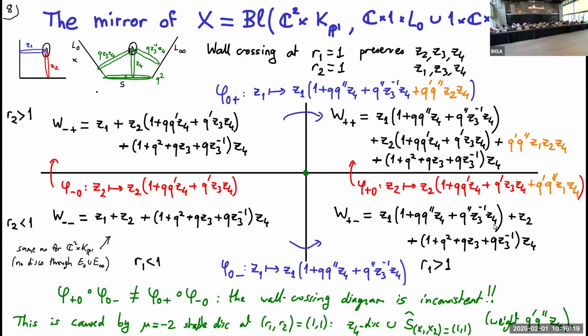So these various coefficients Q, Q prime, and so on are weights associated to various rational curves inside this. You see that all the nasty terms, I try to isolate them in orange. The orange terms all have this Q prime, Q double prime in them. That's the weight of that very special exceptional sphere that's causing our troubles.